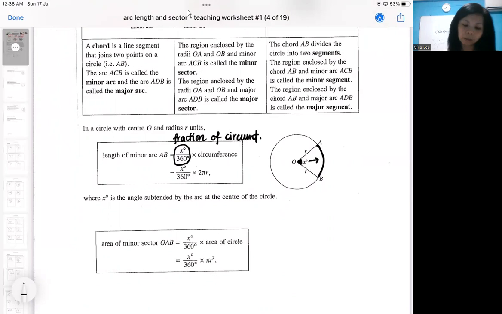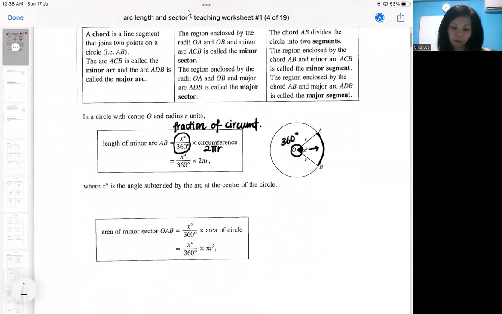The fraction is based upon 360 because the whole angle here is 360. Later on, when we transit this idea to radian mode, we are still thinking of it in this way. Circumference from primary school, we know is 2 pi r. So that's why you think of it as a fraction of a circumference.